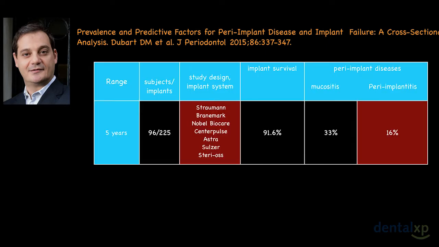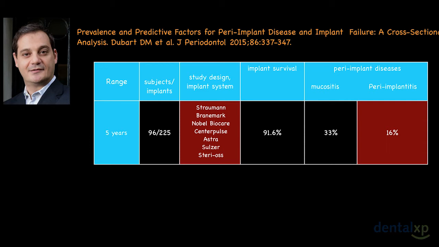We have an abundance of systems, like 7 of them. Out of the 225 implants, they found a survival rate of 91.6%. That's a very respectable number for a training institution.